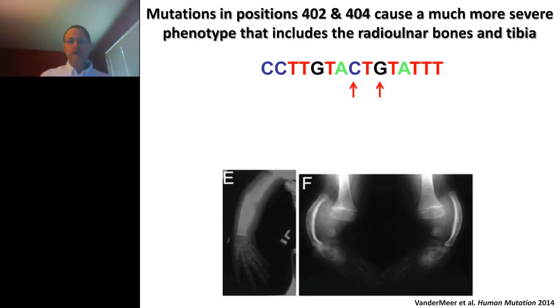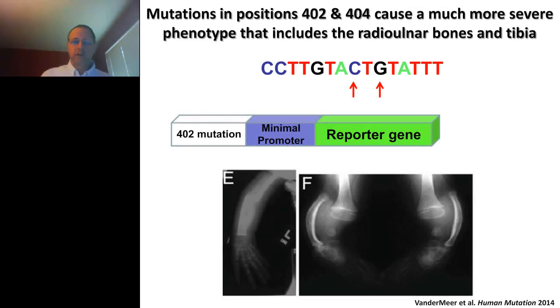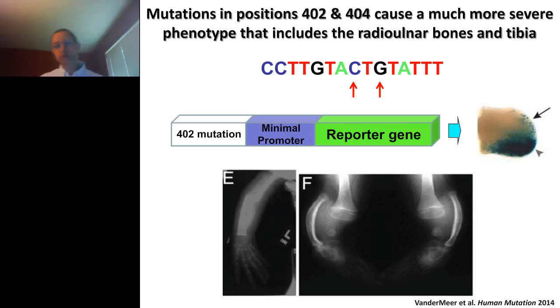And so here we actually were the ones to find the 402 mutation, and we did exactly the same thing. We took that 402 mutation, cloned it right in front of the vector that I just showed you here, in front of the minimal promoter and reporter gene, and tested it in a mouse. And when we do that, we get something like this, where we do see ectopic expression, differences in expression compared to what you would see in the wild type.